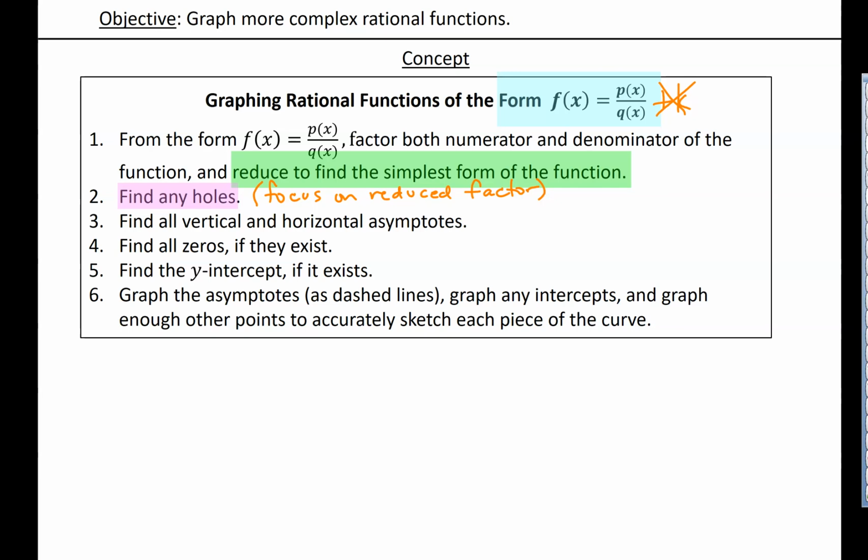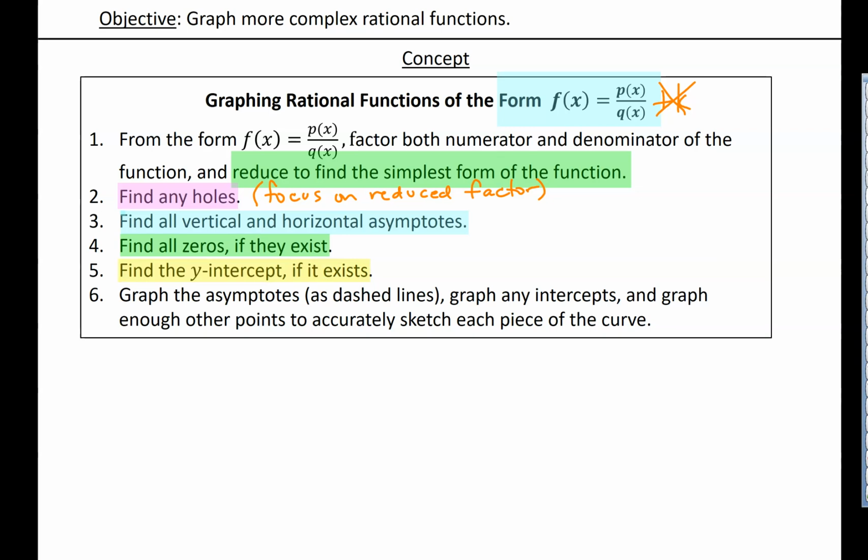Then we will use the reduced form of the function to find vertical and horizontal asymptotes. We'll look at zeros and graph them if there is a zero and if it's reasonable to graph it given the grid we're working with. Same thing for the y-intercept. These are good points.